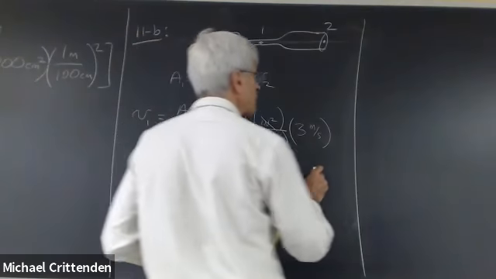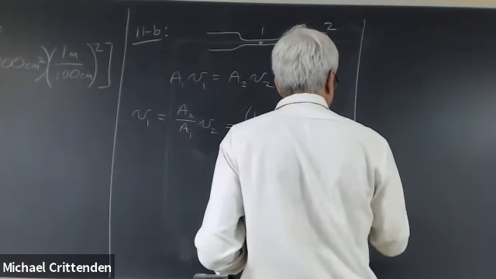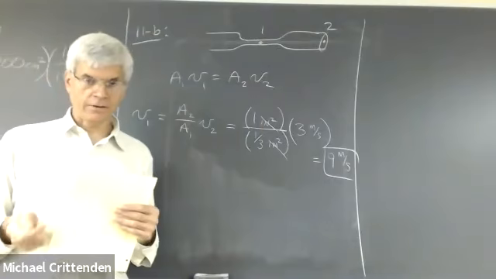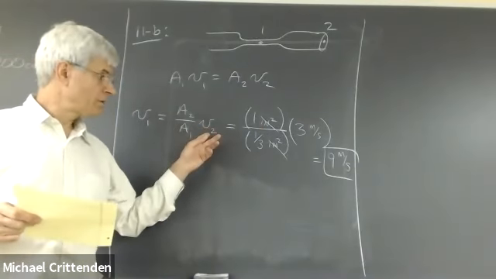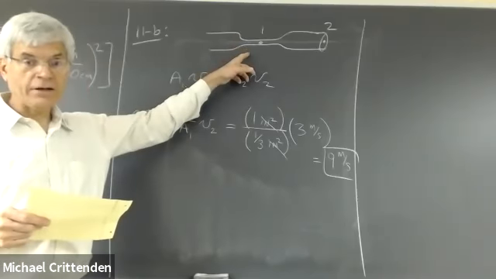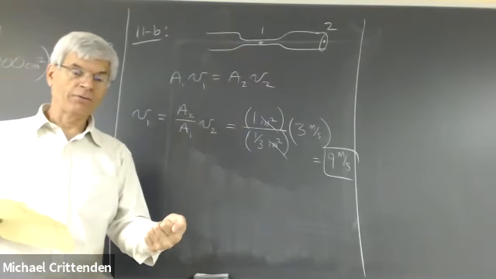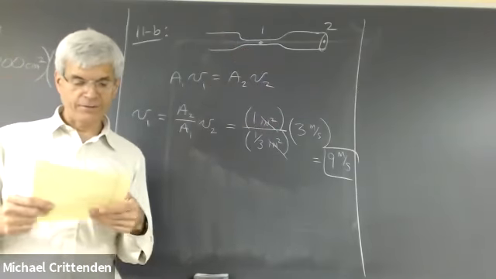And so this comes out to 9 meters per second. The underlying idea behind this equation is that where things get tight, the fluid speeds up. You put your thumb over the end of the garden hose and that makes the water squirt through really fast.